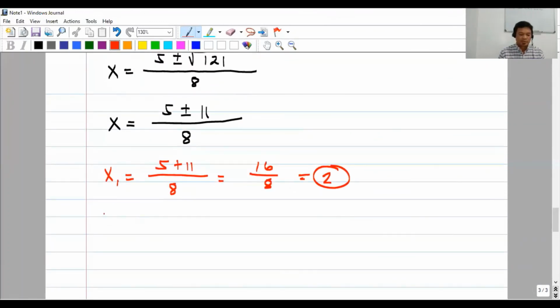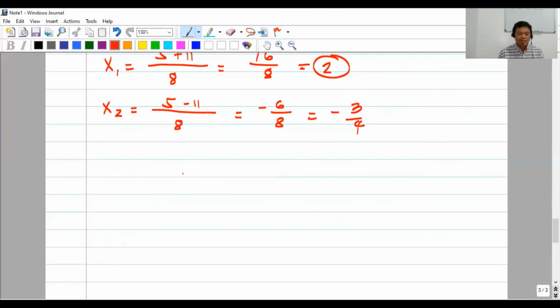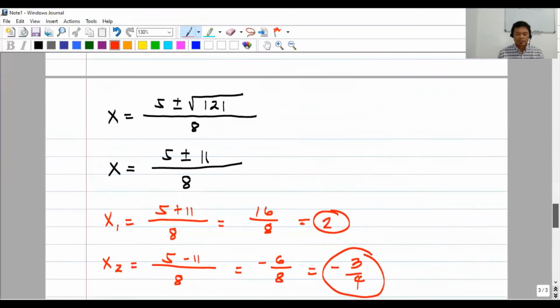And our x sub 2 is 5 minus 11, taking the minus operation, over 8 is equal to negative 6 over 8 is equal to negative 3 over 4. Therefore, the values of our x in that given equation are 2 and negative 3 over 4. Okay, so 2 and negative 3 over 4.